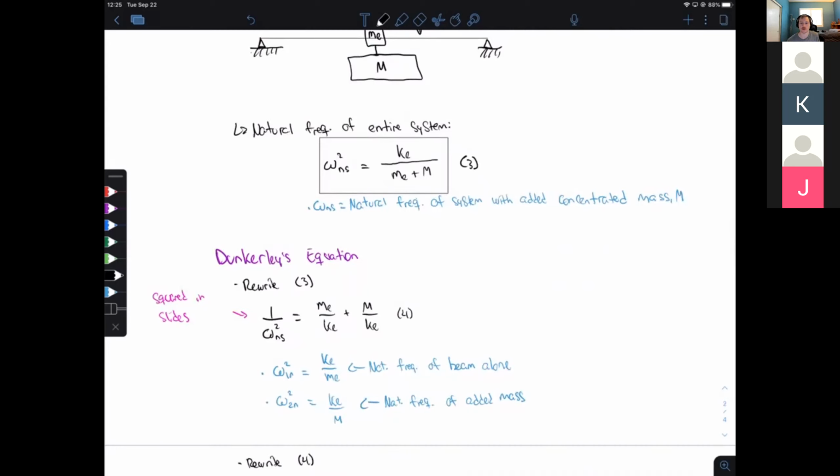You'd have to find the experimental effective stiffness and the experimental effective mass, and then you could plug that into this equation.